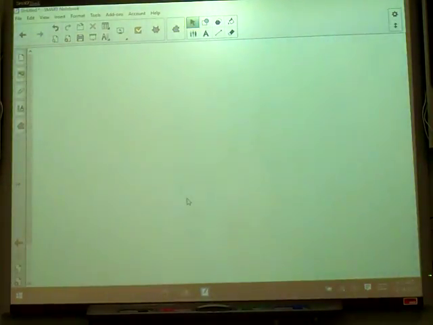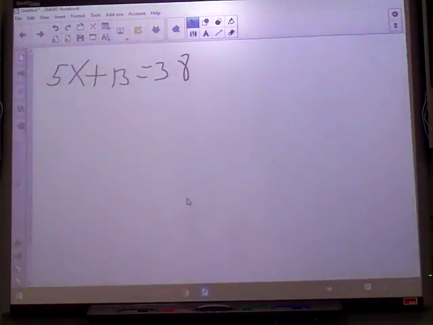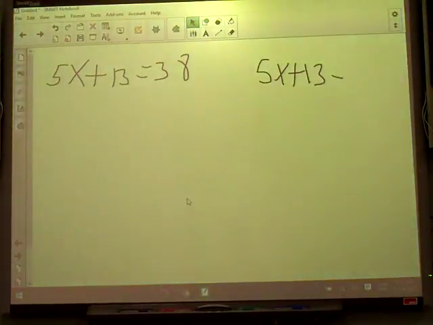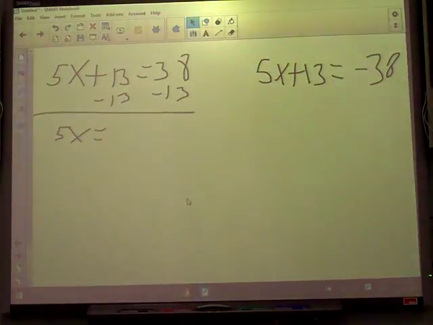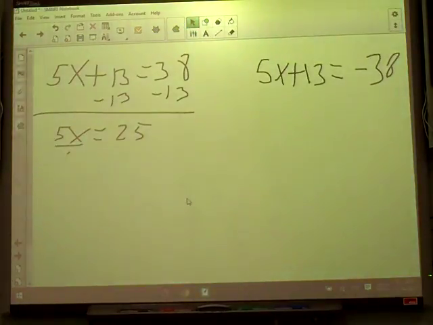So first thing you do to get your first equation is you just drop the bars and write everything like it is. You get your second equation by dropping the bars and making everything on the other side of the equal sign the opposite sign. So it'll be a negative 38. So those are the 2 equations that I have to solve that'll get me my 2 answers. Okay, we'll subtract 13. So we got 5x equals 25.